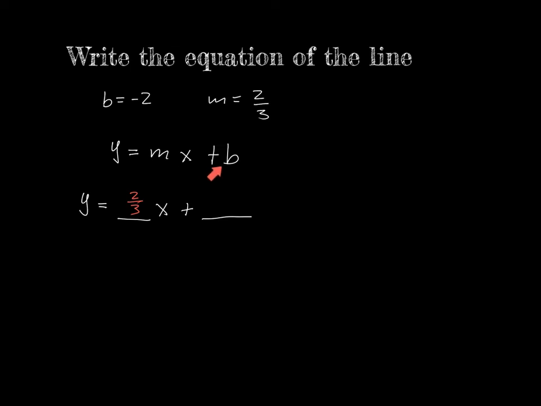So the only thing we need to do is replace it there. So we're going to write -2. Now, since we have a plus -2, that doesn't look too pretty. So we're going to rewrite it as y equals 2/3 x minus 2. And that will be your answer. That will be the equation of the line.